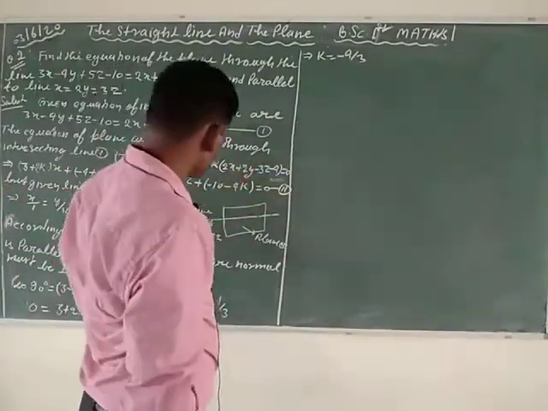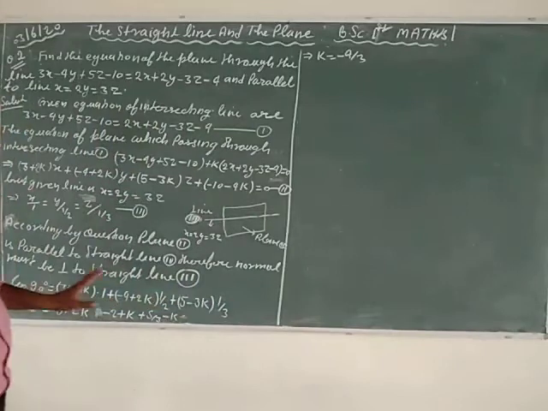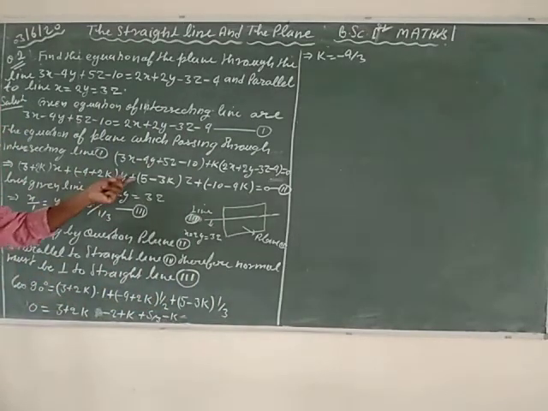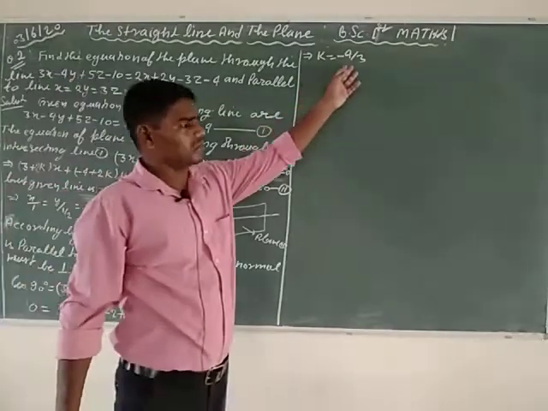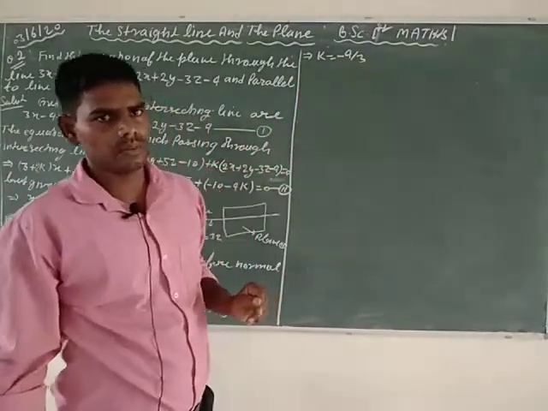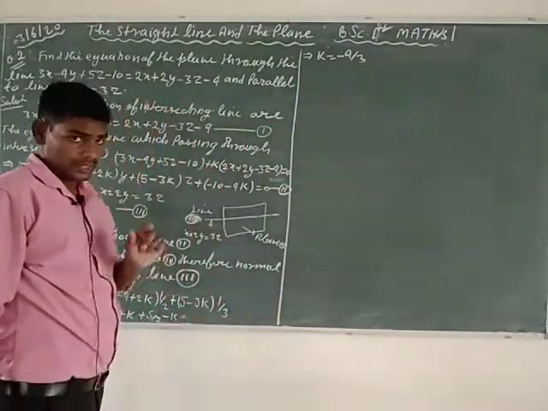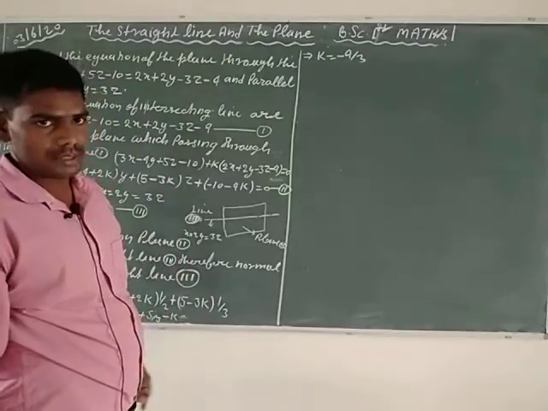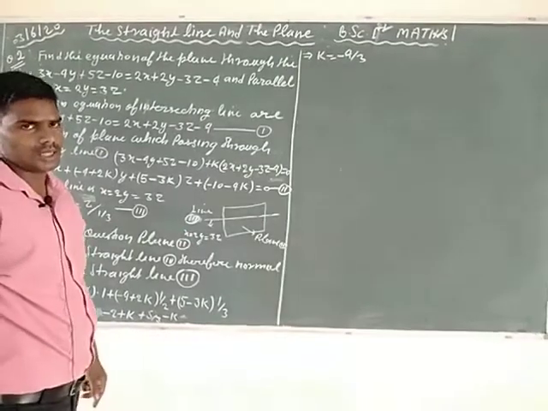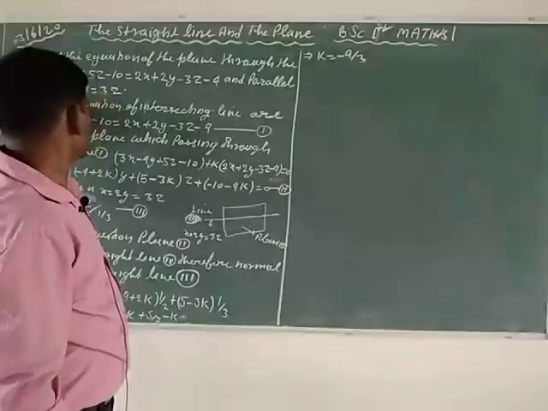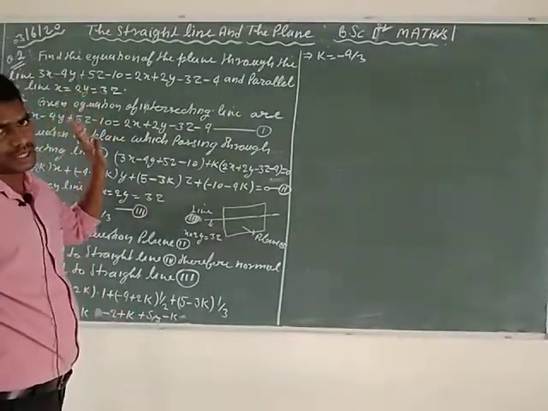So in this process, the unknown number k is equal to minus 4 by 3, found by using perpendicularity of two lines. The first line is the normal of plane second, and the second line is the given line x is equal to 2y is equal to 3z.